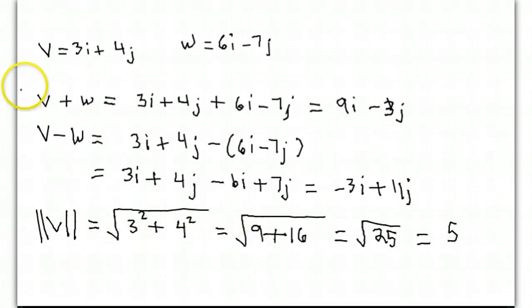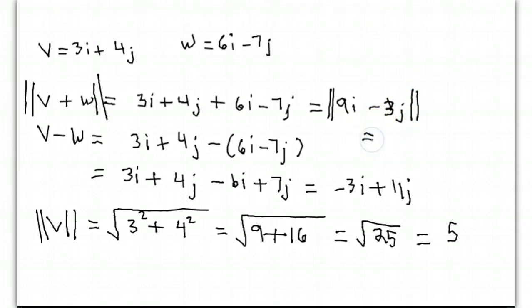And if we wanted the magnitude of the vector v plus w, if we put double bars around that, then after we calculated what v plus w is, which is 9i minus 3j, if you want to know the magnitude of that one, then you have to do the same calculation.